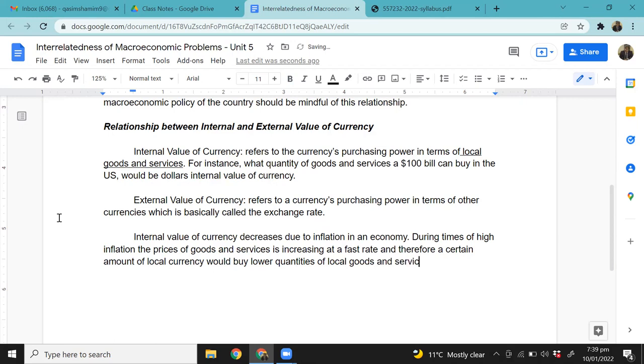So this idea should be very obvious, being an economics student, that internal value of currency would decrease when there is higher inflation.